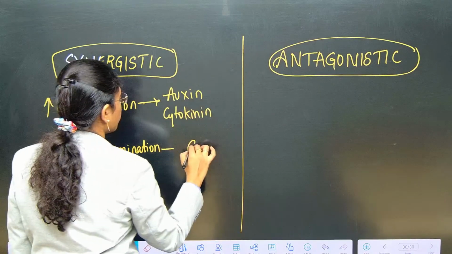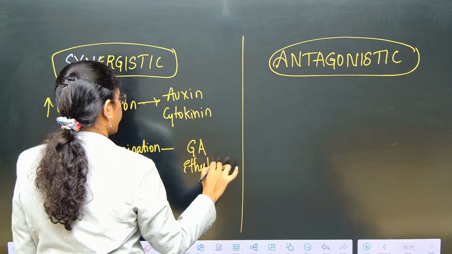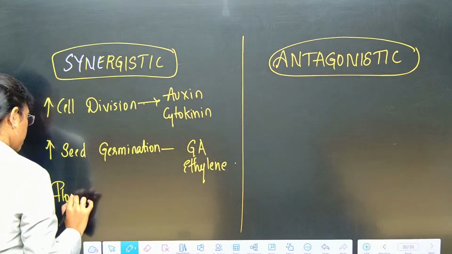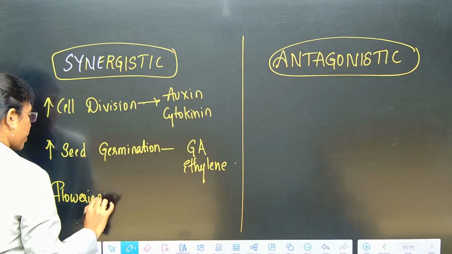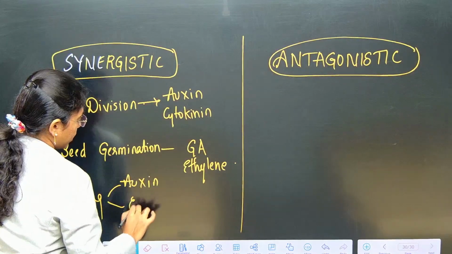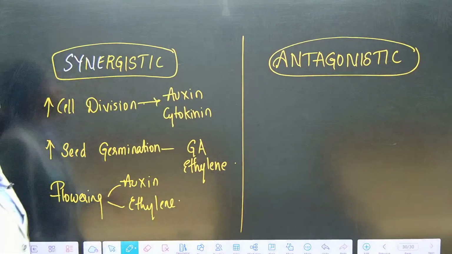Seed germination by gibberellic acid and ethylene. And flowering: what is the synergistic effect by two phytohormones? Auxin and ethylene. These are the synergistic effects.